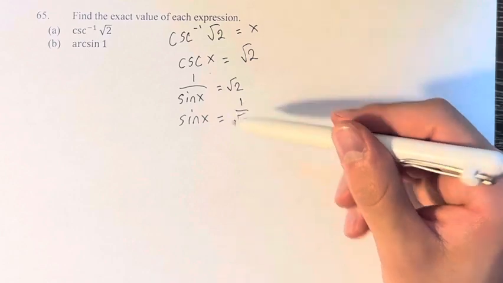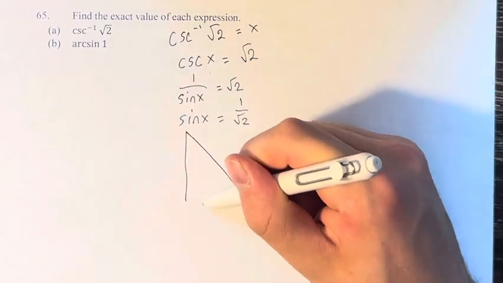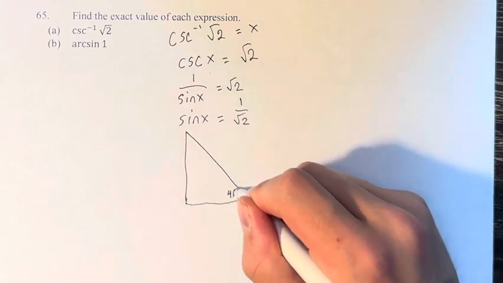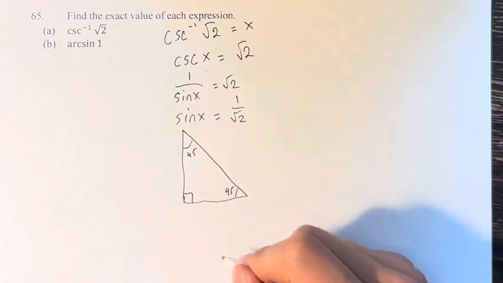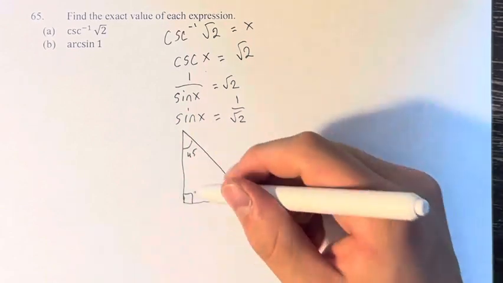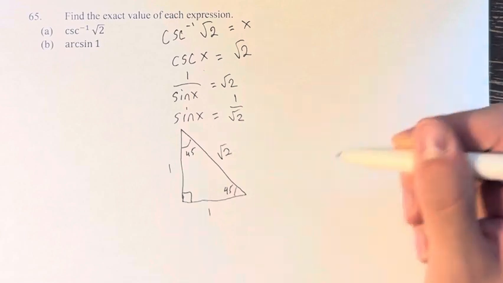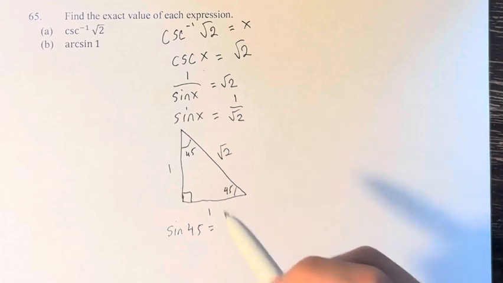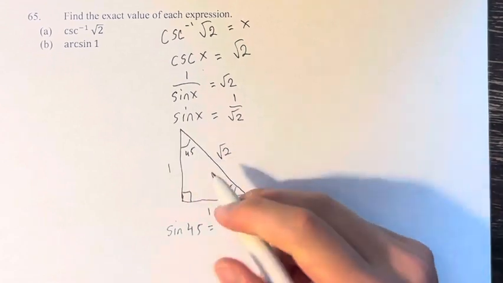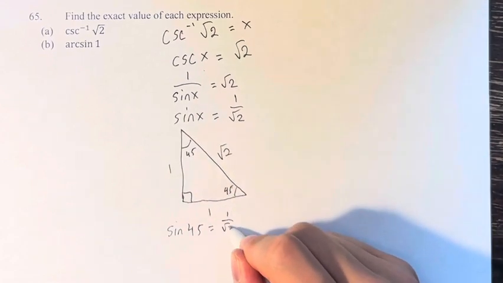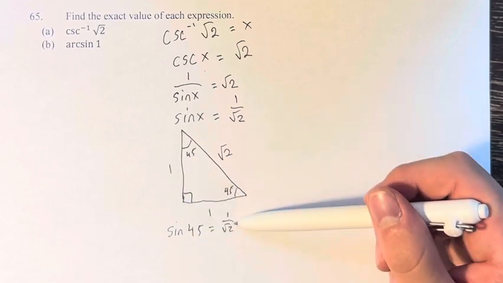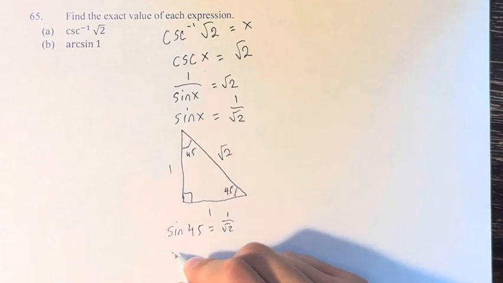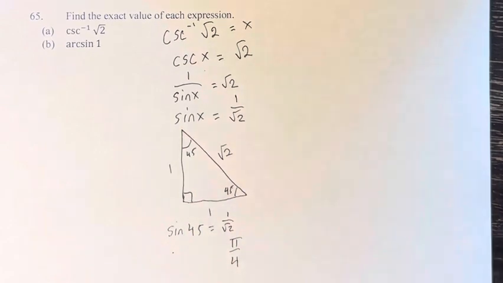And we can find this by looking at a triangle, where if we have a 45, 45, 90 triangle, the sides are going to be proportional 1, 1 to root 2, and the sine of one of these 45-degree angles is going to be equal to the opposite. So for this angle, opposite is 1 over the hypotenuse, which is root 2, and therefore the sine is 1 over root 2. So the value we're looking for is 45 degrees, which is pi over 4 radians.